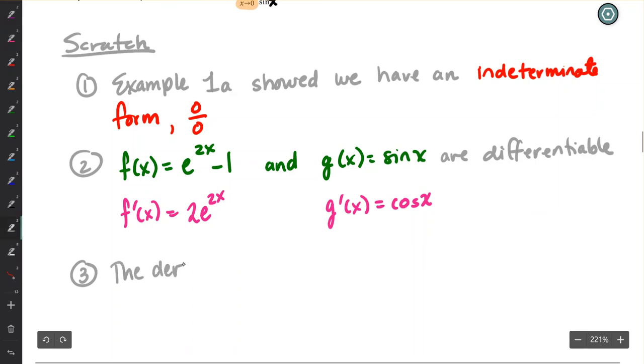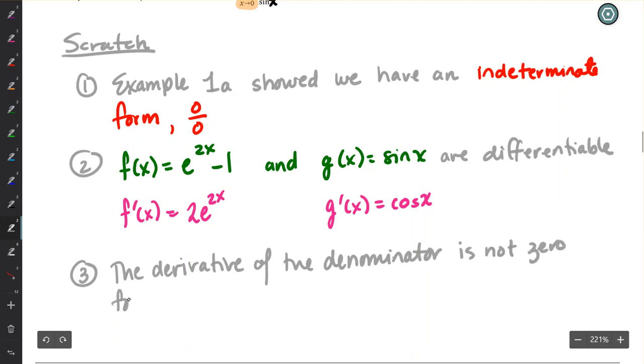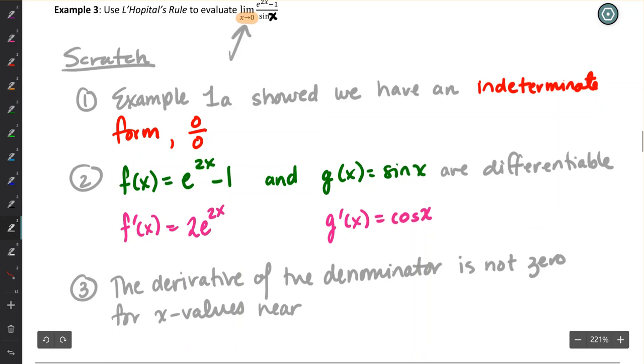The derivative of the denominator is not 0 for x values near where we're approaching, in this case, 0.